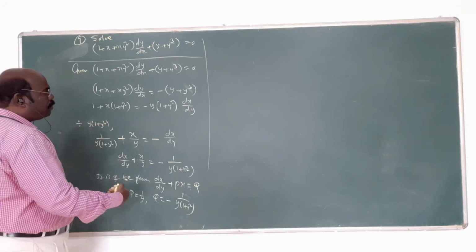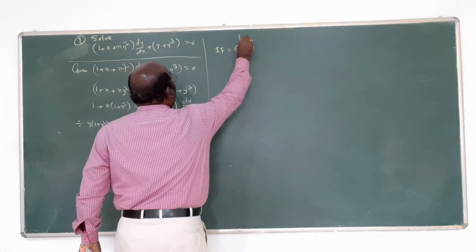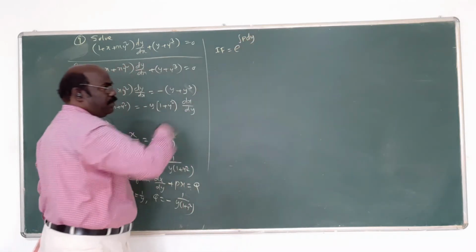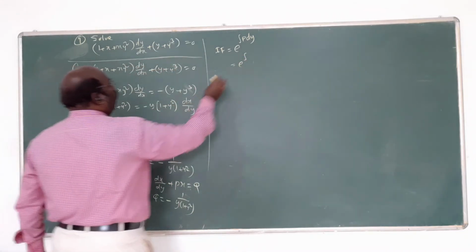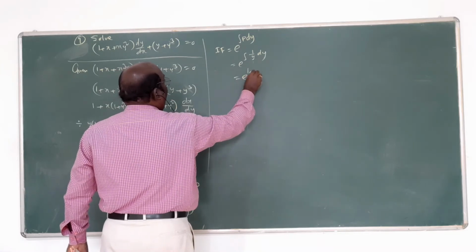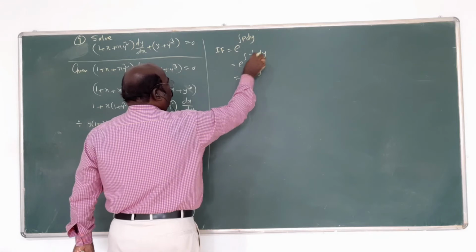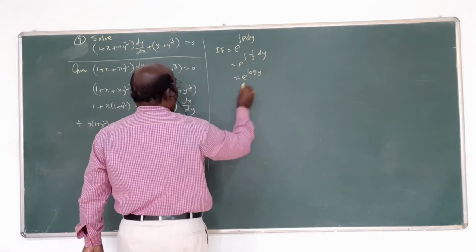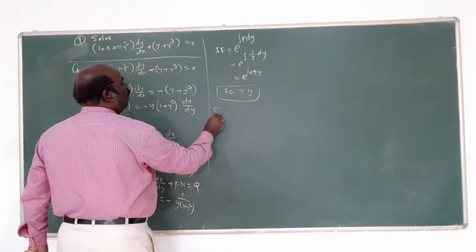Okay? Now the integrating factor I is equal to e power integral p dy. Another formula. Find it. e power integration p, which is what? 1 by y dy. e power this is log of y. Already told you, denominator is y, differentiation of y with respect to y is 1, log of y. e power log cancel. So I is equal to y. Now what is the solution?